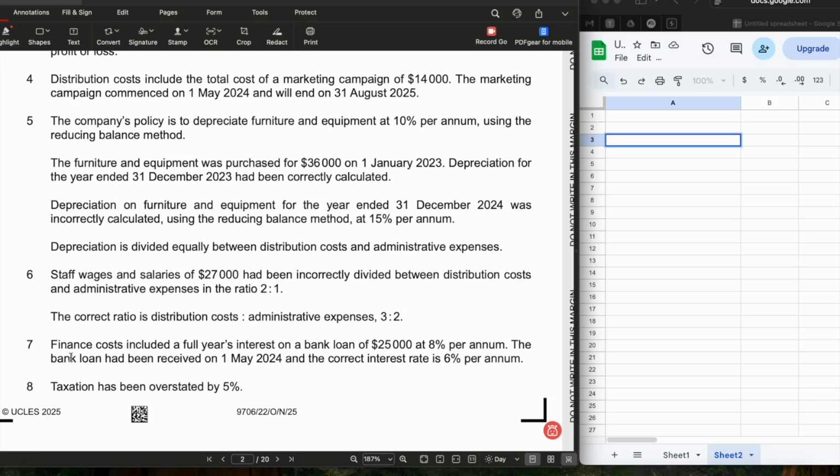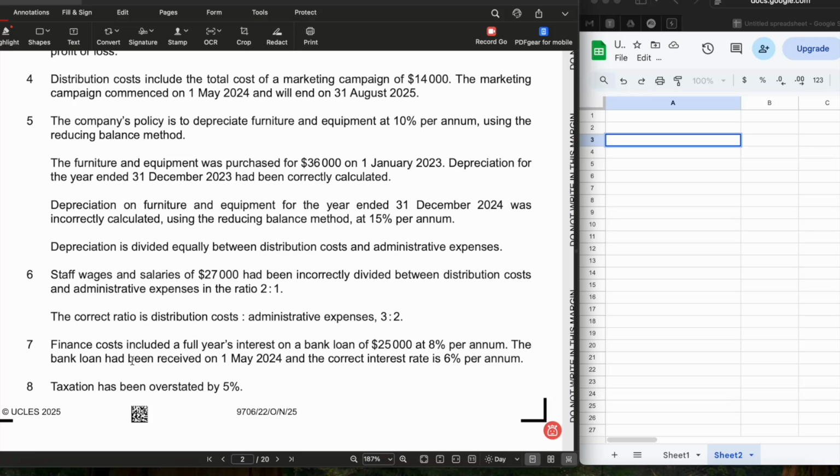Number 7, finance cost included a full year's interest on a bank loan of 25,000 at 8% per annum. The bank loan was received on 1st May 2024 and the correct interest rate is 6% per annum. So in finance cost, there is a bank loan of 25,000 on which we calculated 8% interest for the entire year.